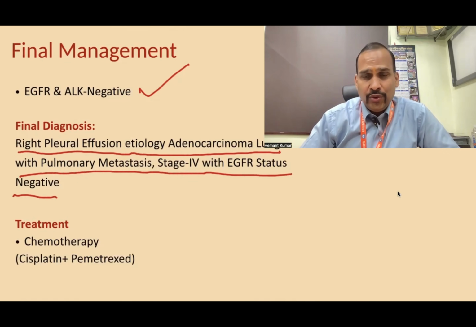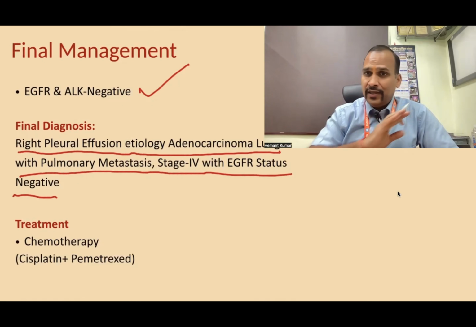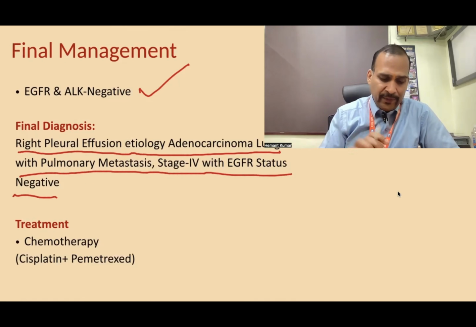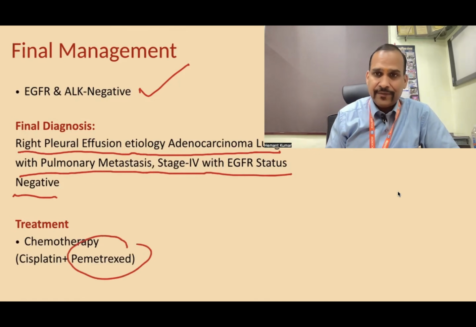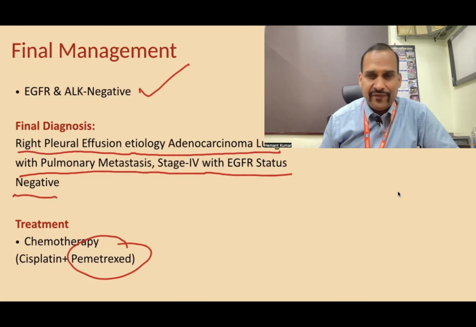As I told you, stage 4 treatment is no surgery, no radiation, only chemotherapy. Chemotherapy is cisplatin or carboplatin with pemetrexed, one cycle every 21 days for 6 cycles. We have to see for progression after the third cycle of chemotherapy every time.